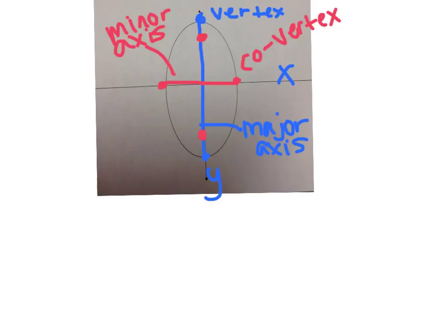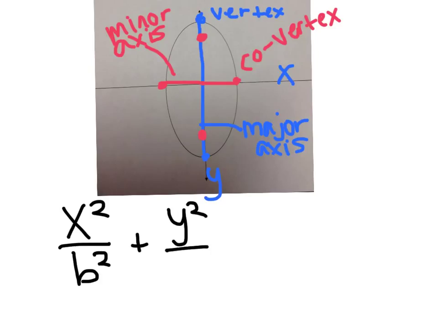And our equation for a vertical ellipse is x squared over b squared plus y squared over a squared equals 1. The only difference is we got the bigger number underneath the y squared.